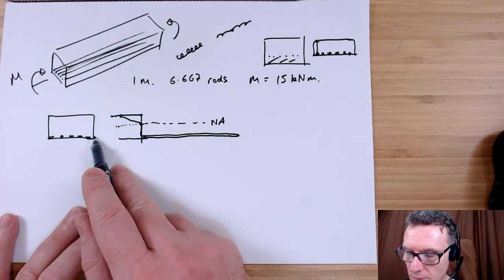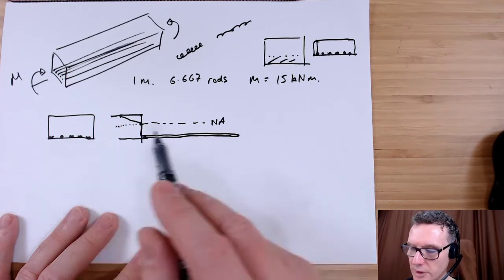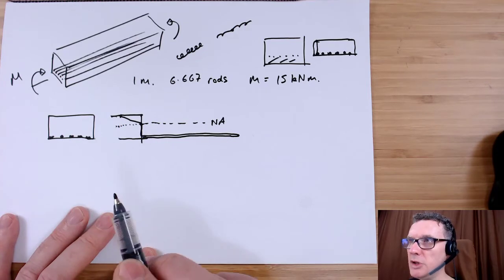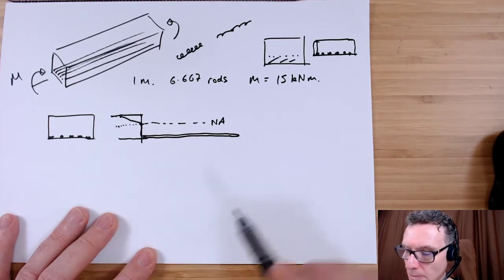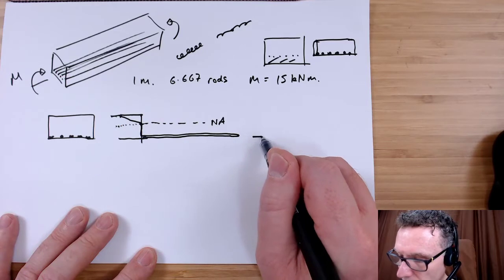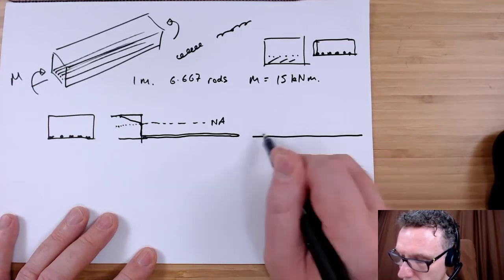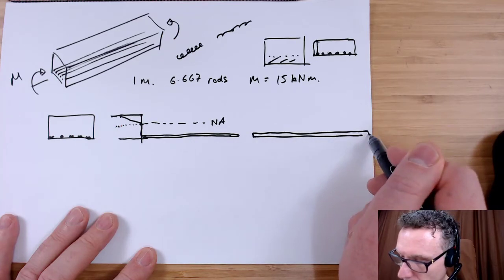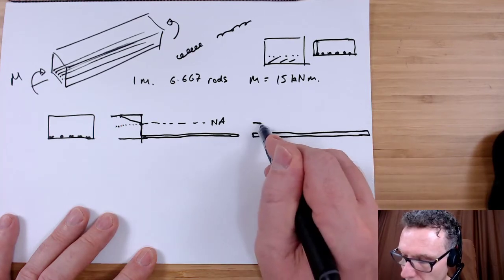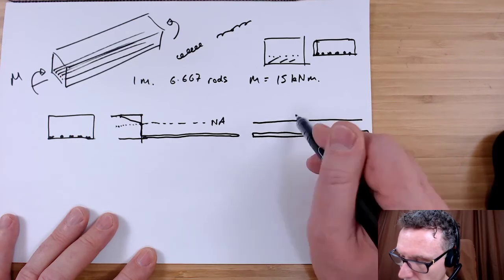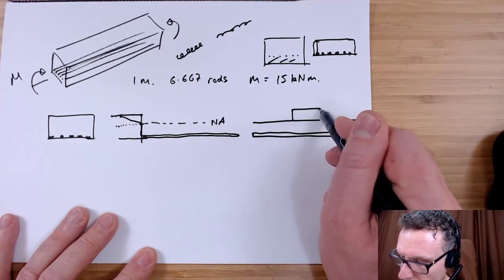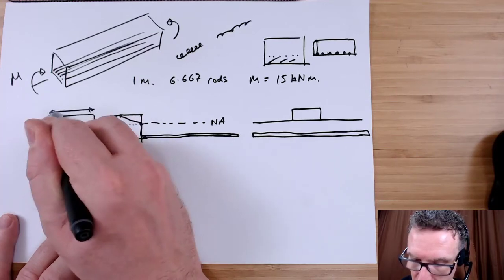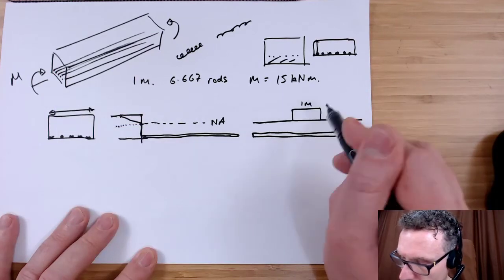So my problem, if I now draw this as if this was a homogeneous concrete problem, I would end up with a really wide bit of concrete at the bottom. We've got nothing here, and then a little bit of concrete at the top, which is the same as this width here, which I'm taking to be 1 meter.